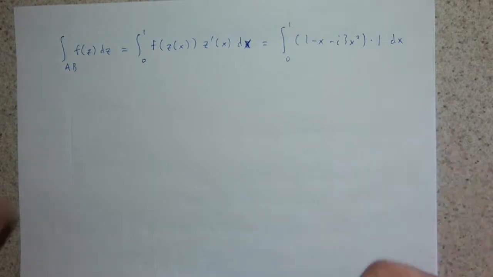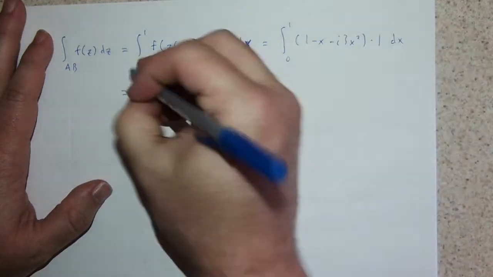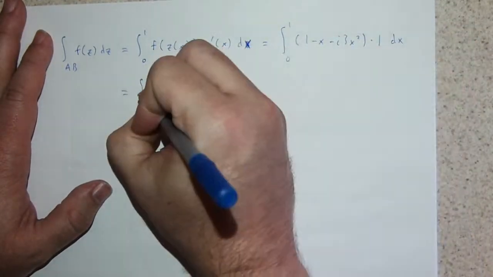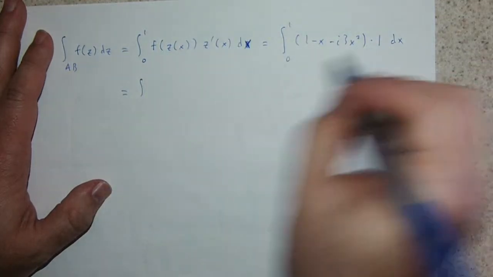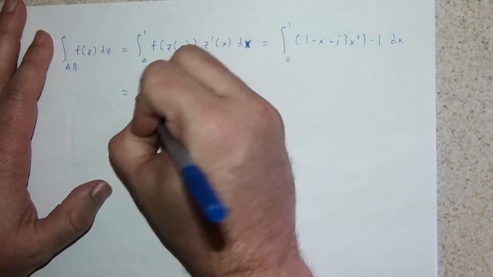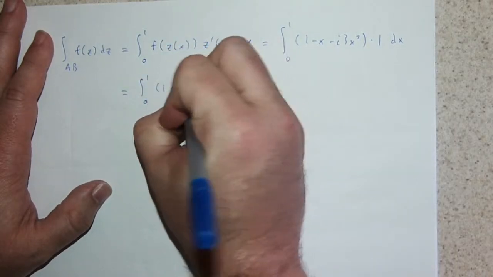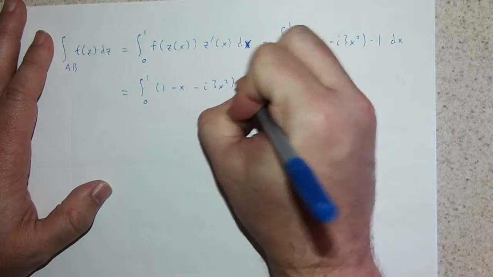All right, well, we can do this term by term here. So really this is two integrals. I'm just going to do this term by term. So this is the integral from 0 to 1 of 1 minus x minus i 3x squared dx.